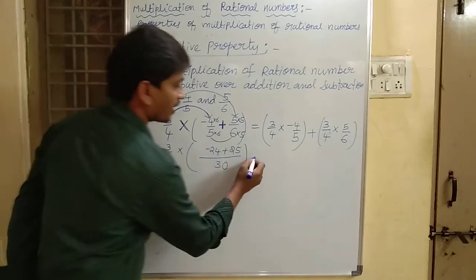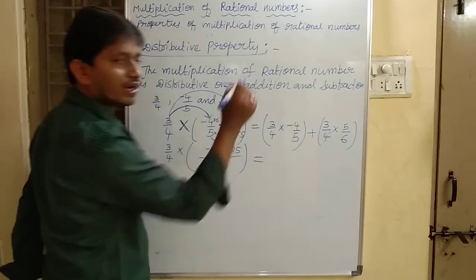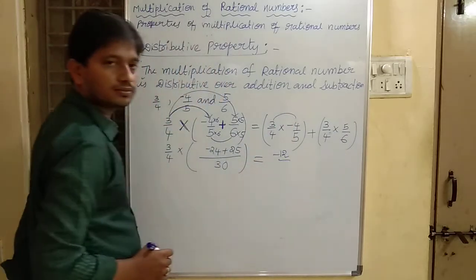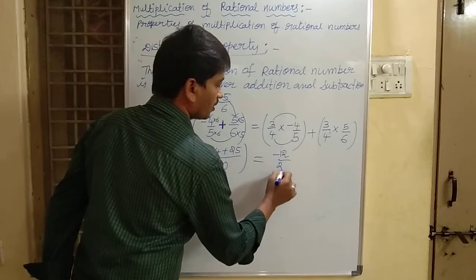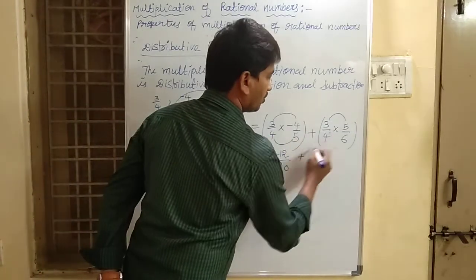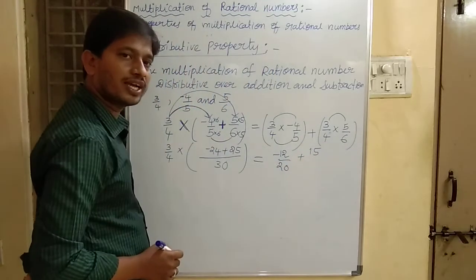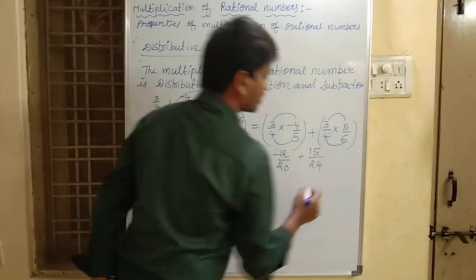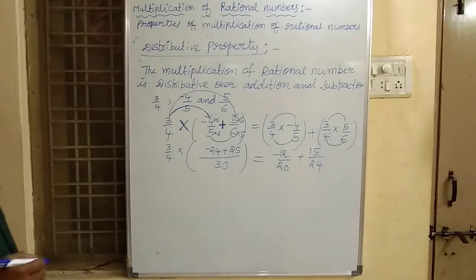Right? Now coming to the right hand side, multiplication of rational numbers: 3 into minus 4, minus 12, 4 into 5, 20, plus 3 into 5, 15, by 4 into 6, 24. Okay?